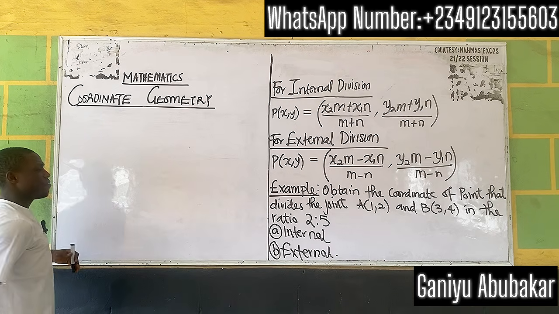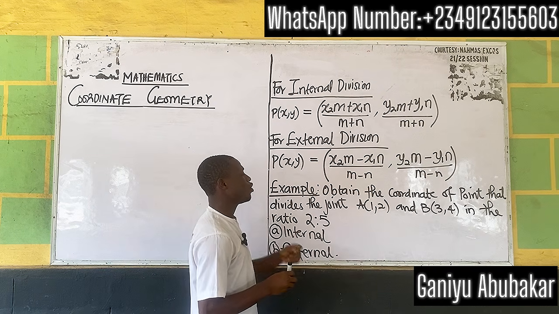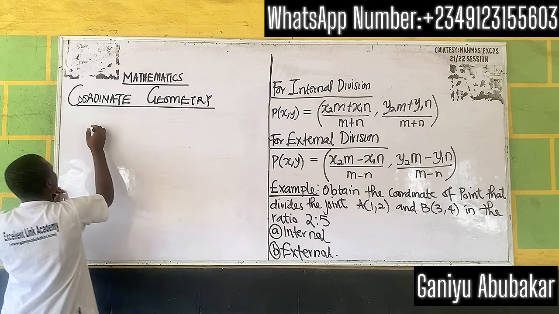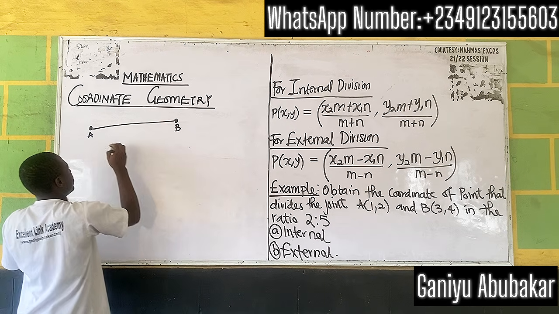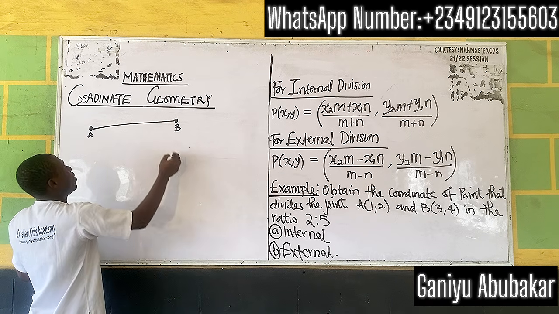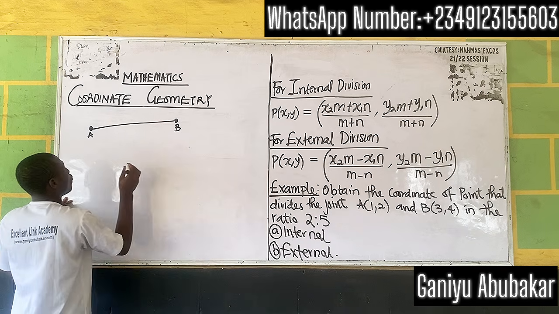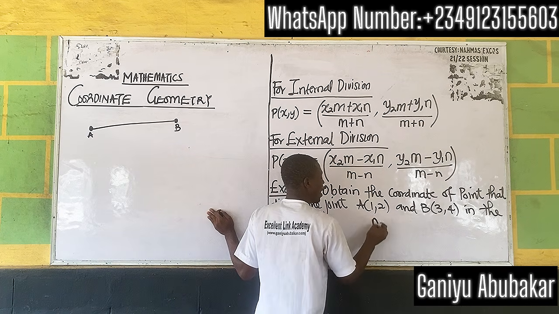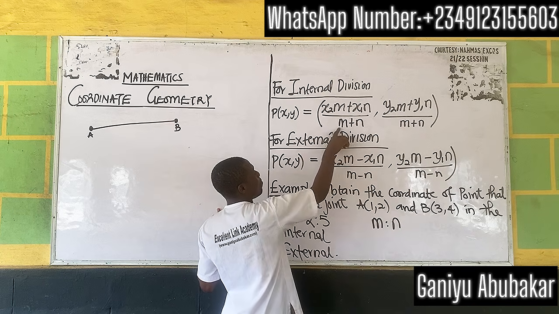All right, my very first task is easy. It says obtain the coordinate of a point. I'm given a point A and then B, and the ratio 2:5. For ratio, we know it is m/n, m before n.